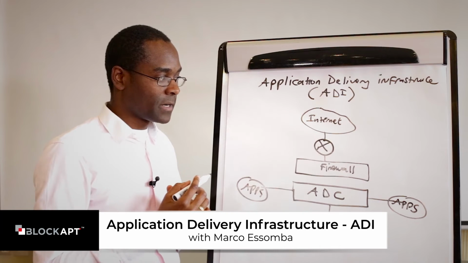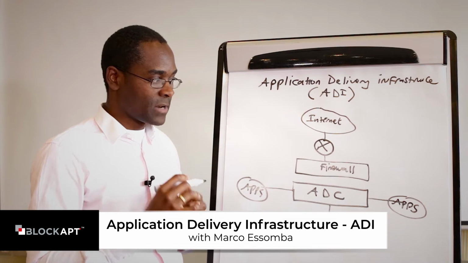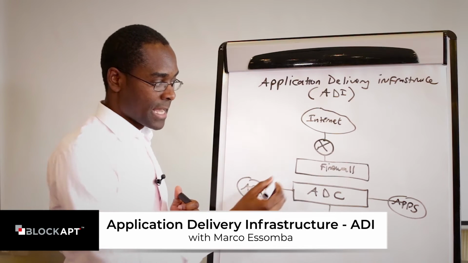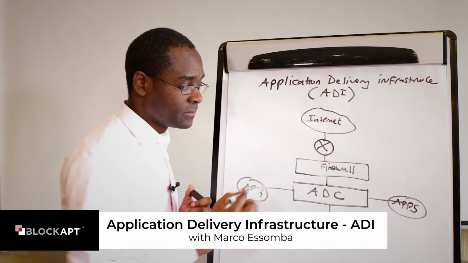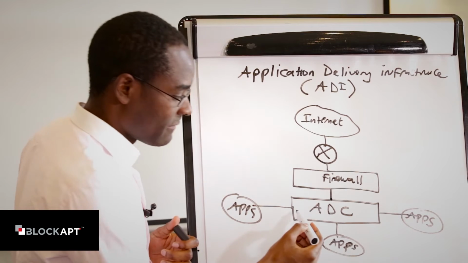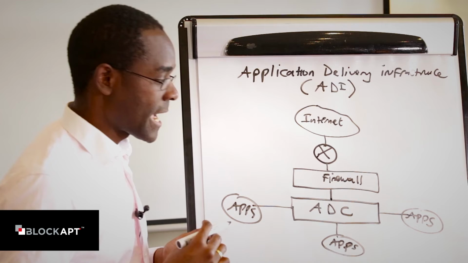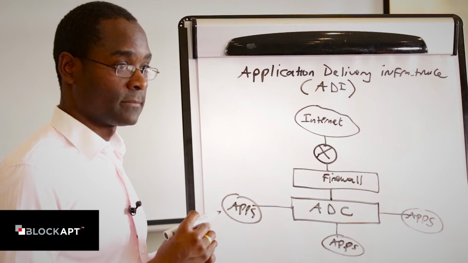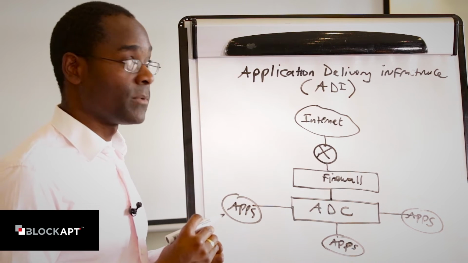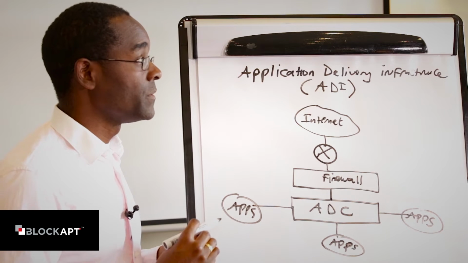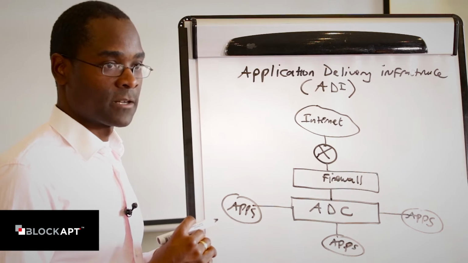This is a representation of a router, a device that interconnects many different networks. I have my firewall providing some sort of protection at the entry point, and then I have my ADC, my application delivery controller. This entire infrastructure, in a very simplistic way, is what people refer to as application delivery infrastructure.